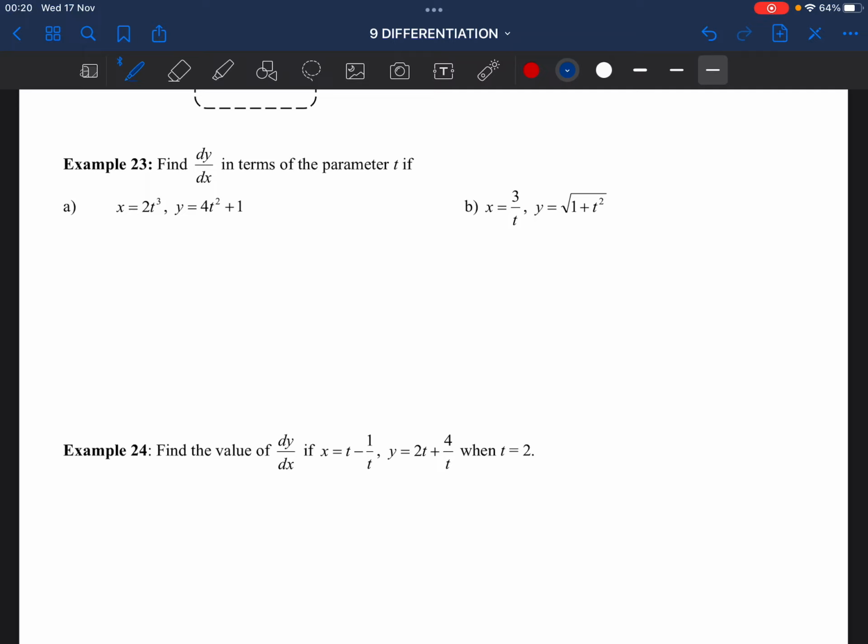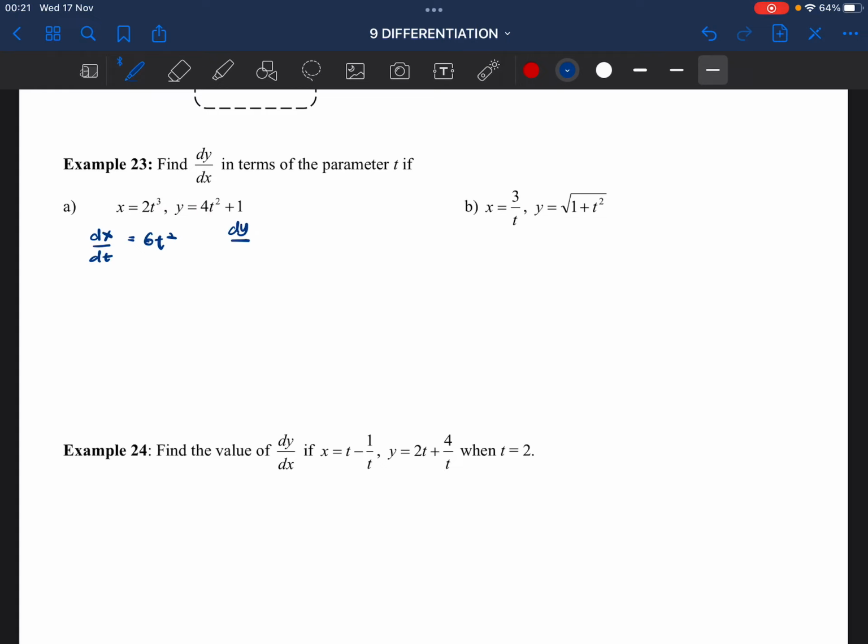We have to find dy over dx in terms of t. Given to us are x in terms of t and y in terms of t. What you have to do here is basically just differentiate x with respect to t. Here we are going to get 6t square, and also differentiate y with respect to t.